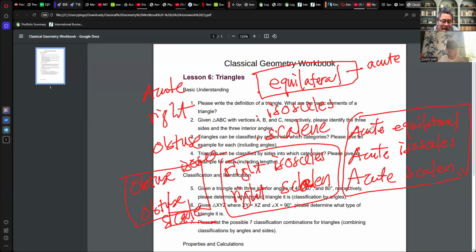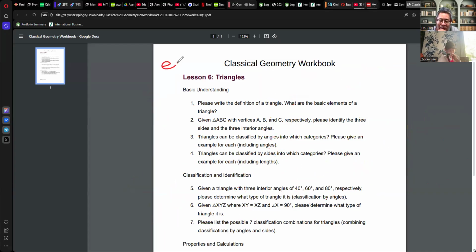So this is if we put the angle first. We can also put the side first. If we put the side first, then we have equilateral, which is acute, so we don't have to call it out because we know it's going to be acute.